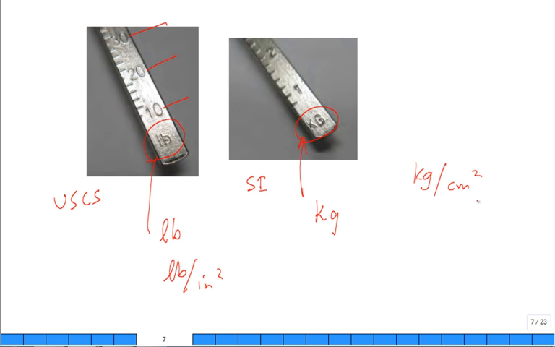I said, that's not a good unit of pressure. Something's really wrong. My physics textbook never had kilogram per centimeter squared as a unit of pressure. But how many people have seen it? Some people have, from the response I got. Kilogram, I learned, is a unit of mass. Mass per unit area is not a pressure.